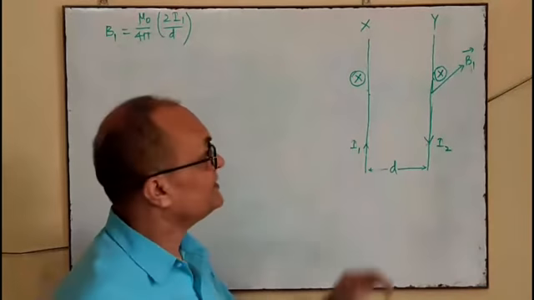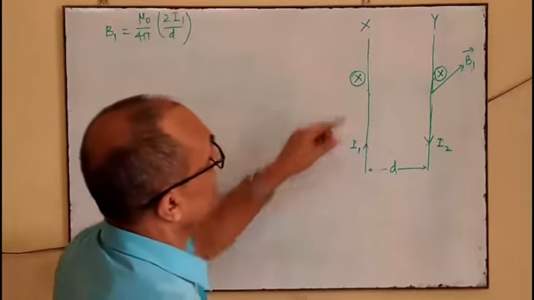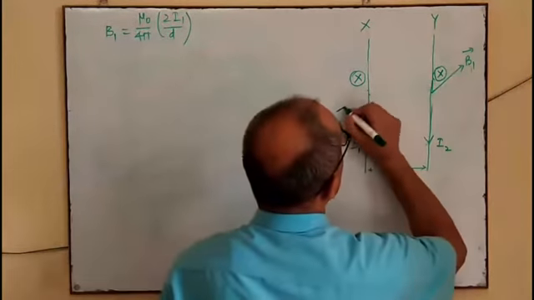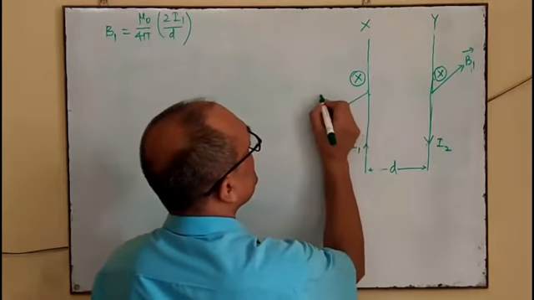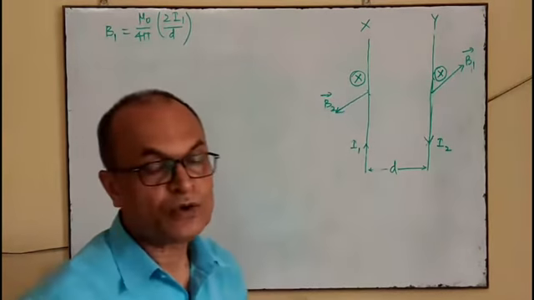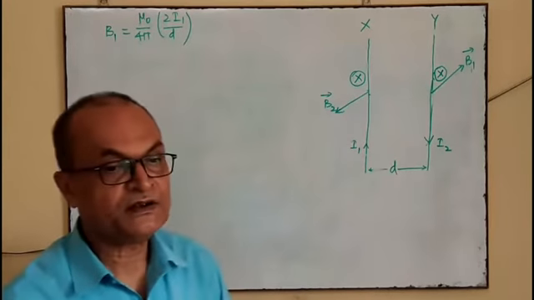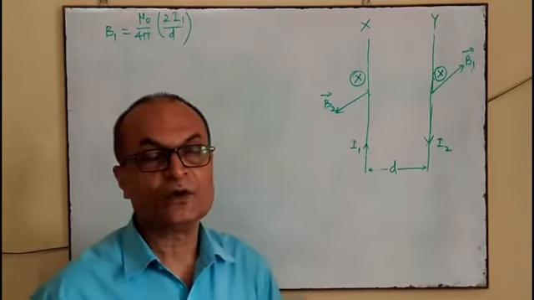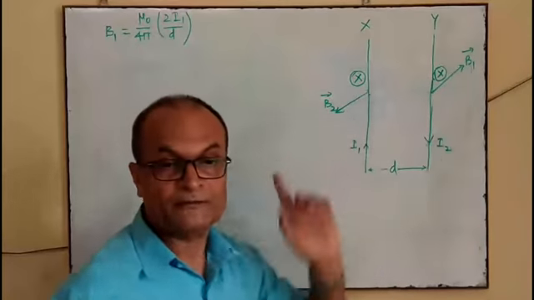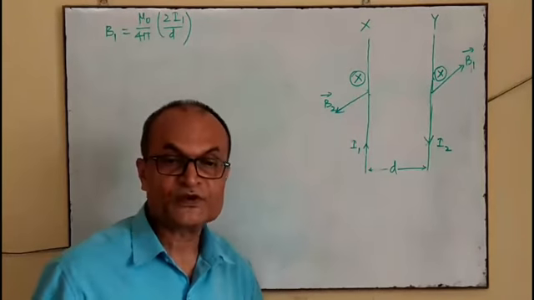Now we will see the magnetic field at this point, which is in this direction, that is B2. First we are going to find out the magnetic force experienced per unit length of wire Y using again F equals BIL.